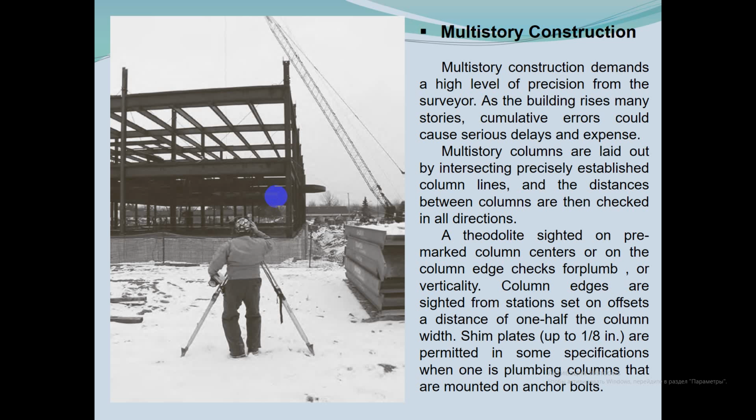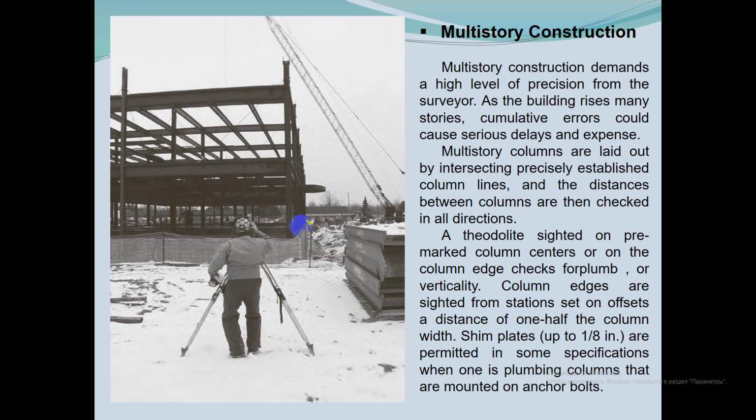Multi-story columns are laid out by intersecting precisely established column lines, and the distances between columns are then checked in all directions. A theodolite is sighted on pre-marked column centers or on the column edge, checked for plumb or verticality.